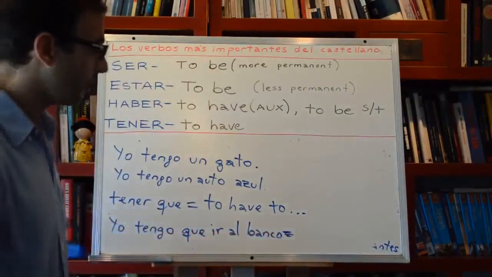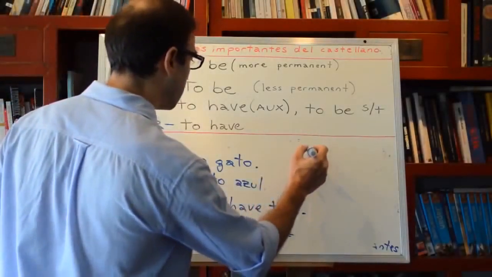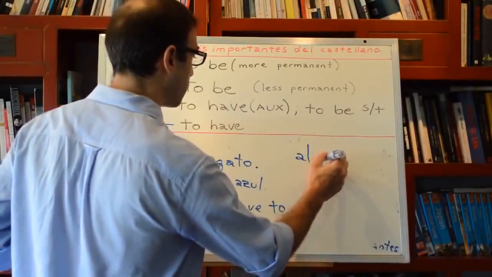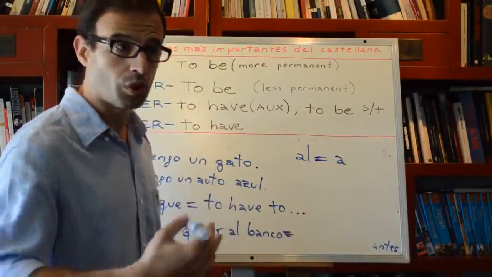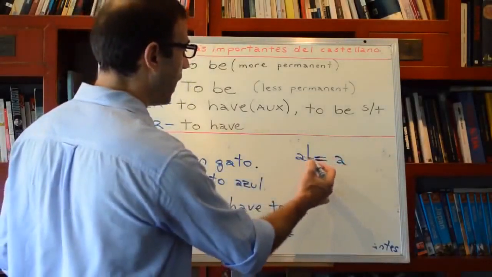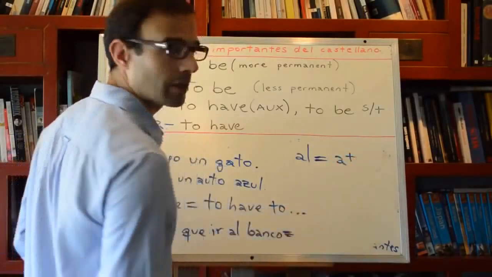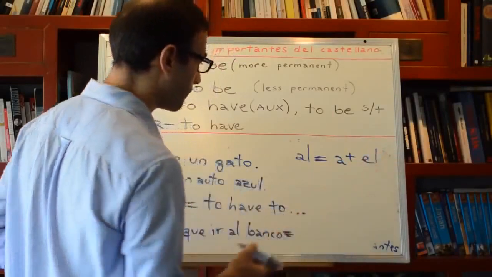To the bank. The word al is a contraction of the preposition a, which means to, to go to, right? So al is the preposition a plus the article el, which means the.